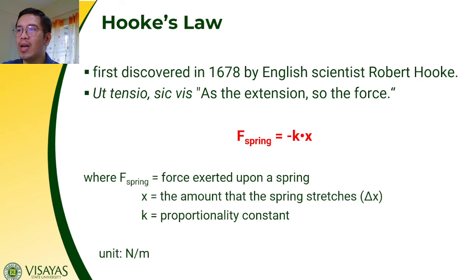This quantitative relationship between the force and the stretch is now referred to as Hooke's law, and is often reported in different references as F spring is equal to negative k times x, wherein F spring is the force exerted upon the spring, x is the amount that the spring stretches relative to its relaxed position, and k is the proportionality constant, often referred to as the spring constant.